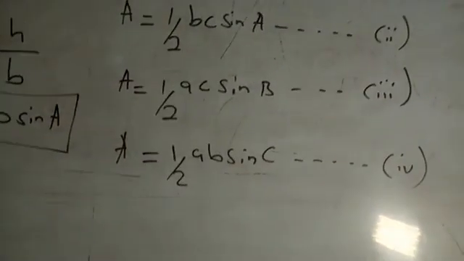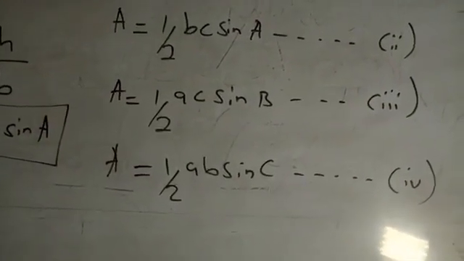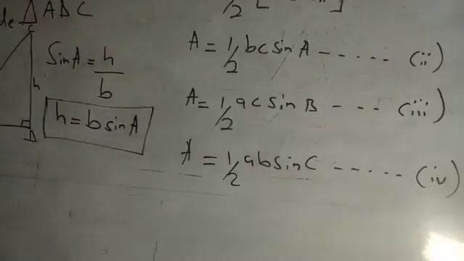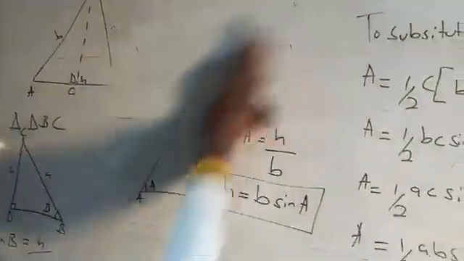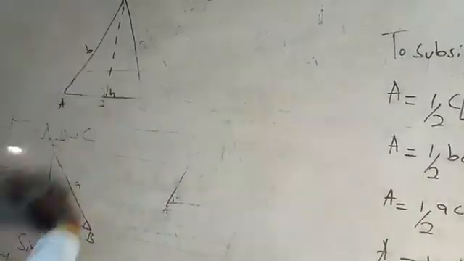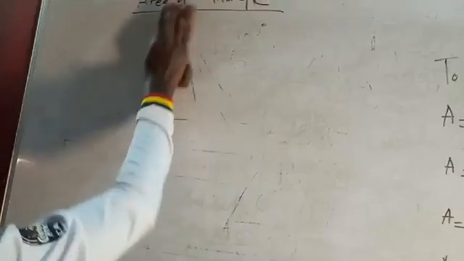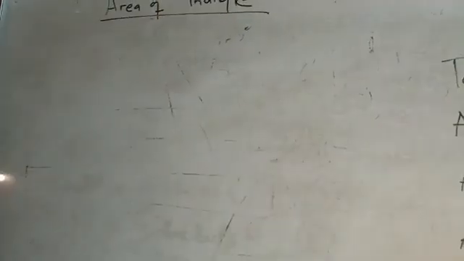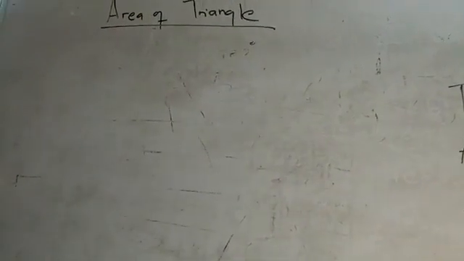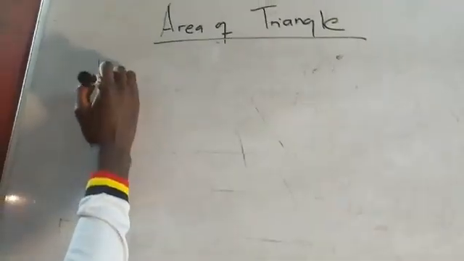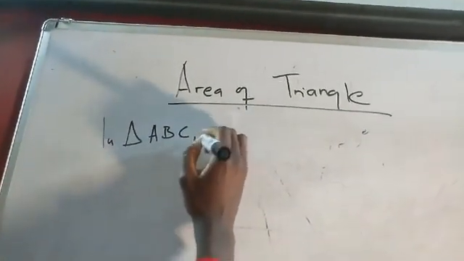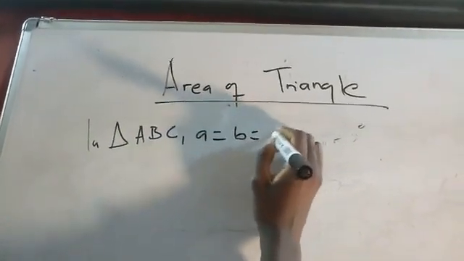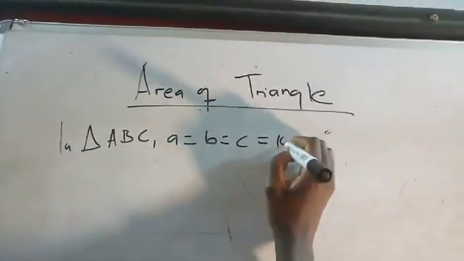So let's try to get an example here. In a triangle ABC, A is equal to B, and B is equal to C, and C is equal to 10 centimeters.